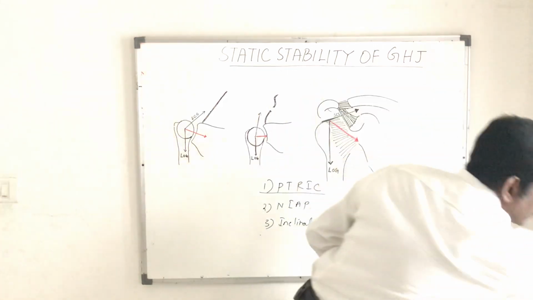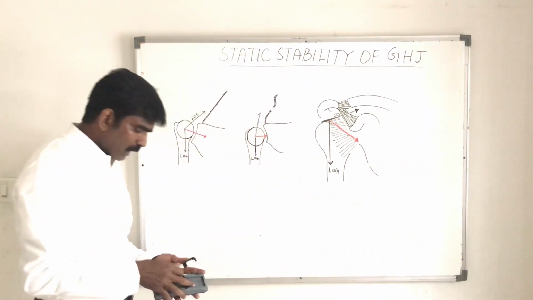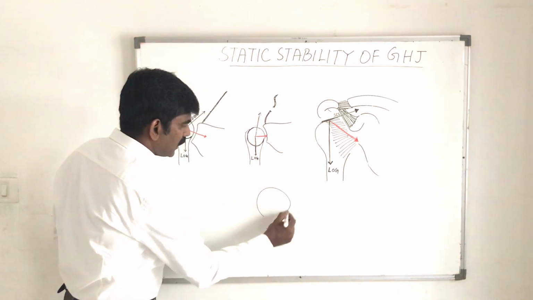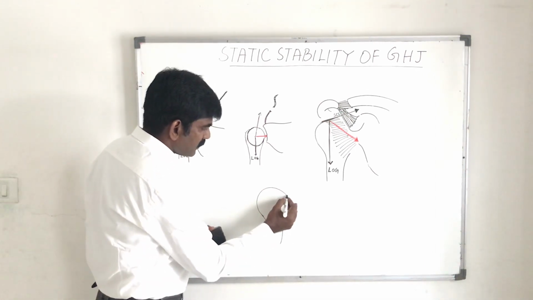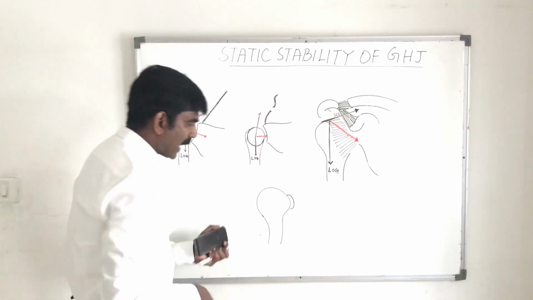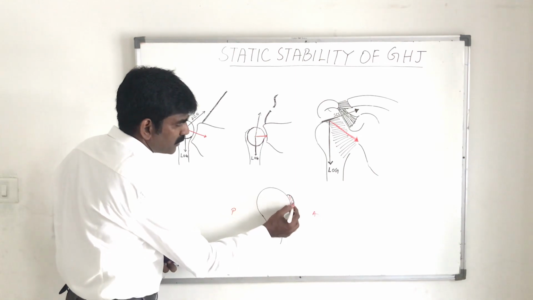So what is rotator interval capsule? For this you should know what is rotator interval first. Rotator interval, imagine this is the humerus, and this is the attachment of subscapularis muscle. This is anterior and this is posterior. This is subscapularis muscle.